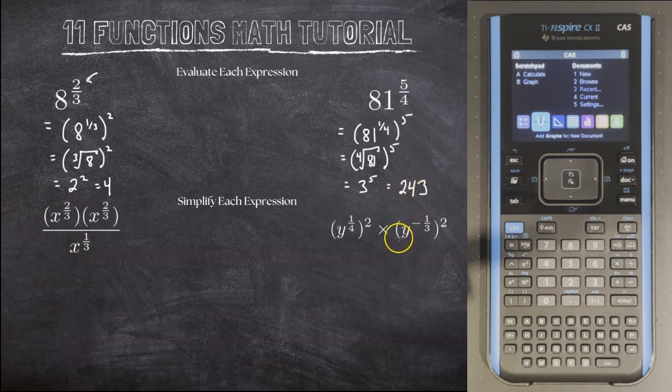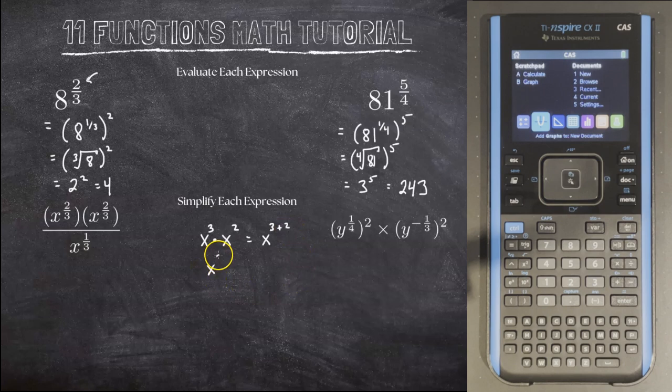243. All right, lastly, we are going to simplify each of these expressions using our exponent laws. So just as a reminder, we have a couple exponent laws. The first one is if we multiply numbers with the same base, then we're going to add those exponents. That would be x to the 3 plus 2, which is x to the 5.